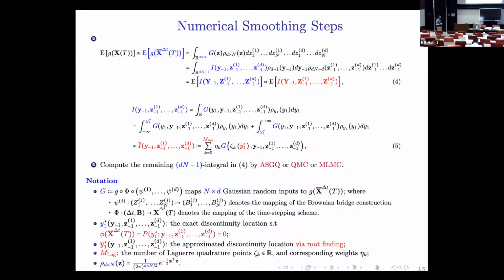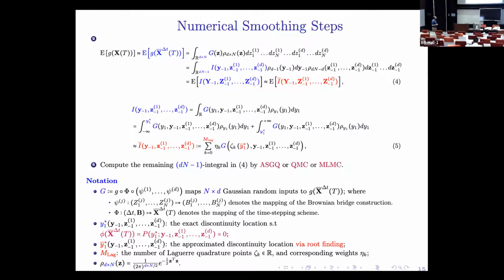Given that we approximated the discontinuity location, remember that G here is expected to be smooth in the parts where we don't hit the discontinuity. So we try to separate the domain with respect to the discontinuity location. And then we approximate those integrals using two-sided Laguerre quadrature, for instance, okay?